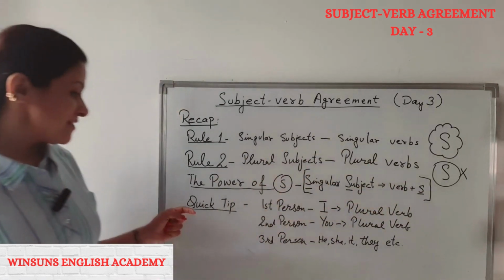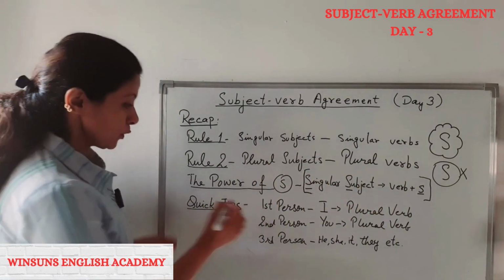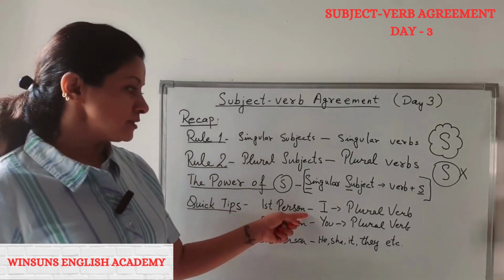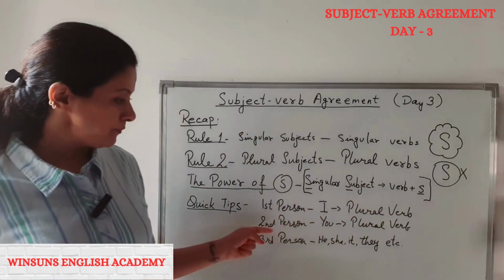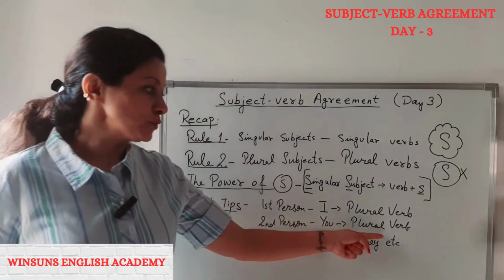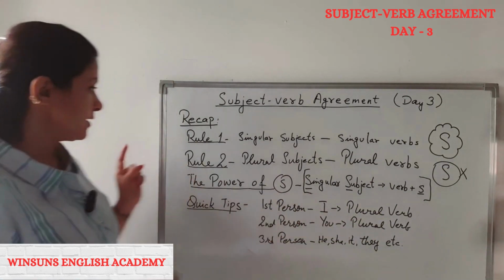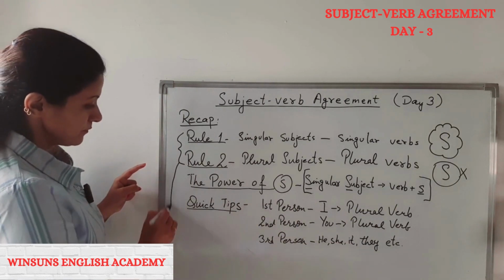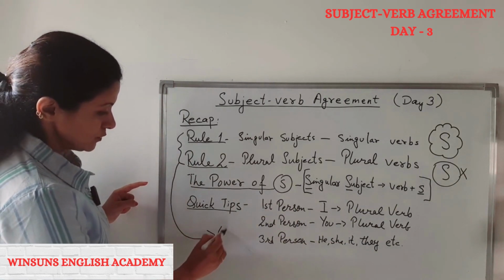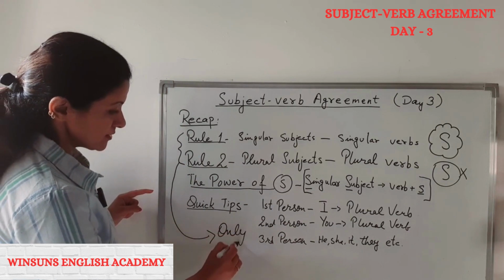Okay. Then we learnt about some quick tips. First person, although one I, singular, takes the plural verb. You takes the plural verb. But when it comes to the third person, these two rules we must never forget.